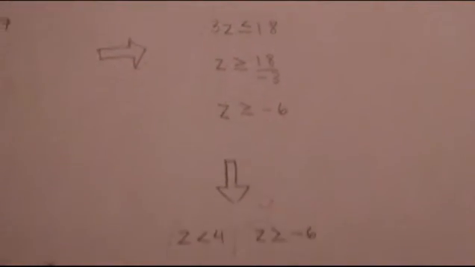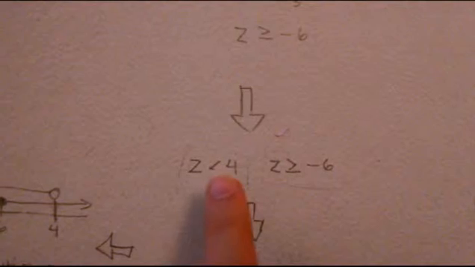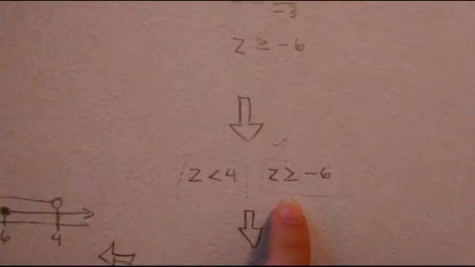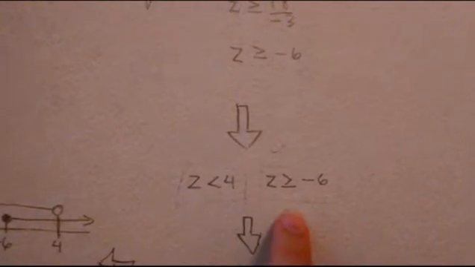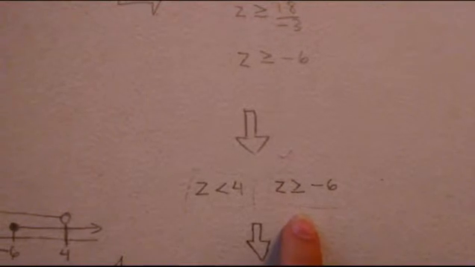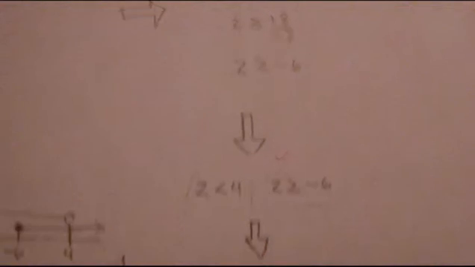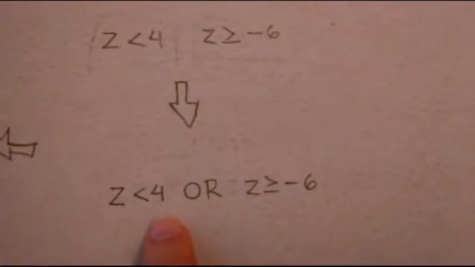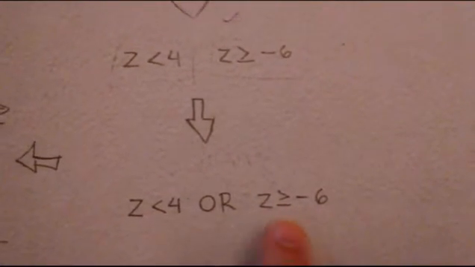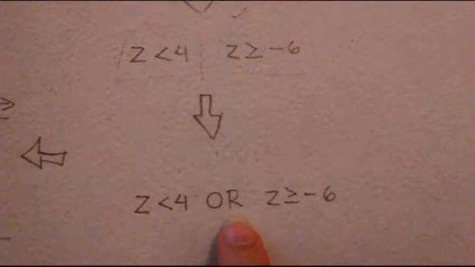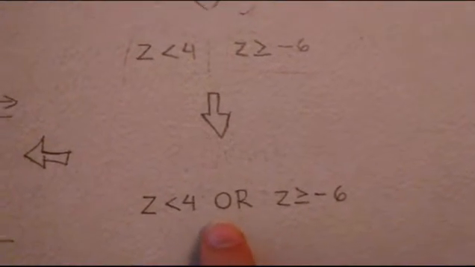So moving on, we get these two answers, which are both right, and they too are valid. So what we need to do is write them both and write an "or", because they are both true.